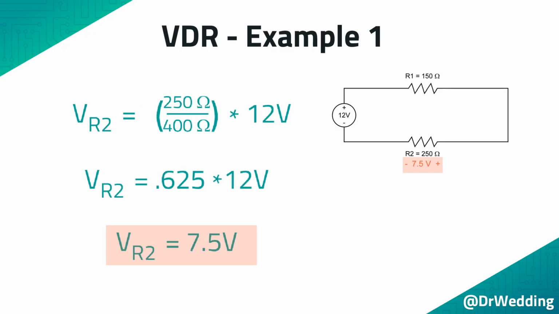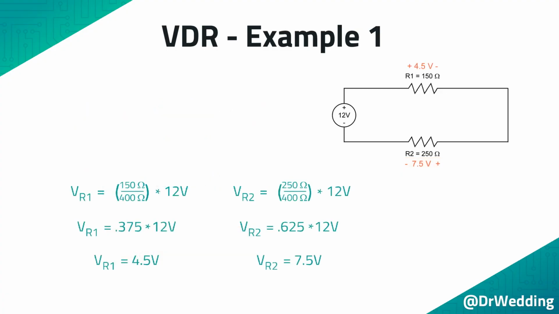By substituting 250 ohms in for R and solving the equation, you will find the voltage drop across R2 is 7.5 volts. The values that were calculated using the voltage divider rule match the values that were calculated in the last video. You can also see the largest resistor has the largest voltage drop, and the smallest resistor has the smallest voltage drop.